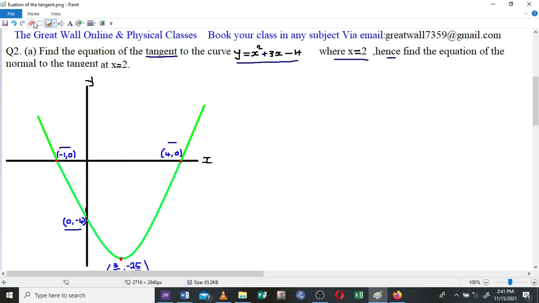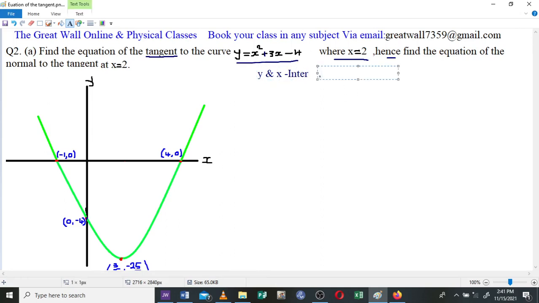I want to show you first how I got these coordinates that I used to sketch my graph. What you need to find is just three things. You need to find the y and the x-intercepts.